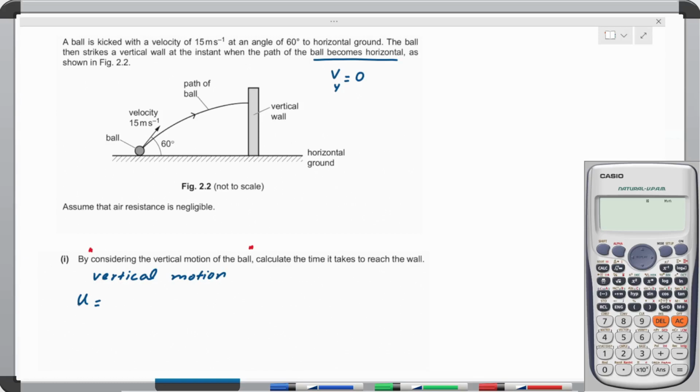So Vy becomes 0, and the initial vertical component of the velocity is to be found out. We need to find it using the method of components, which would be initial component of the velocity in the vertical direction would be 15 times not cos theta, rather sine theta. So 15 times sine 60, we can hit it on the calculator. 15 times sine 60.